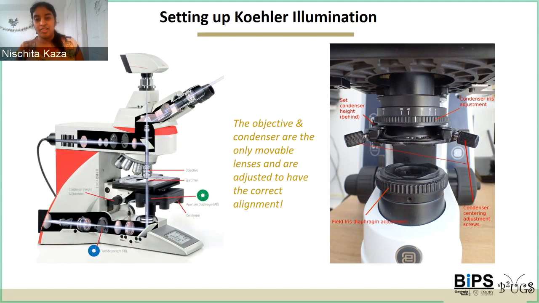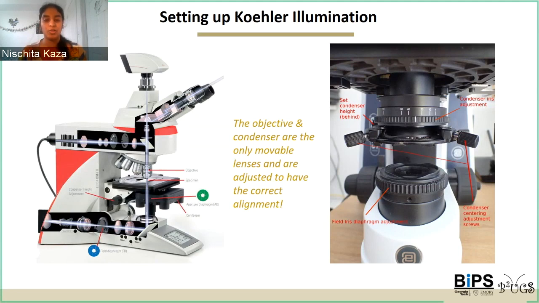As you can see in the image on the right, you generally have screws to move the condenser in the axial direction as well as to center it correctly in the field of view. And then you would have rings to open and close different diaphragms. Essentially each time you change out your objective, you want to check that you have Koehler illumination correctly set up. So these are the basic principles of how to set it up.